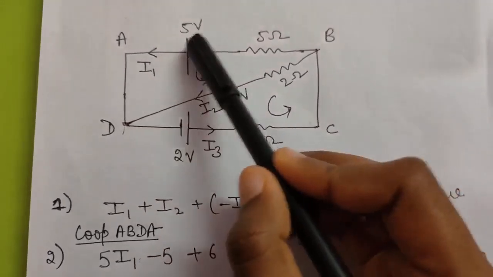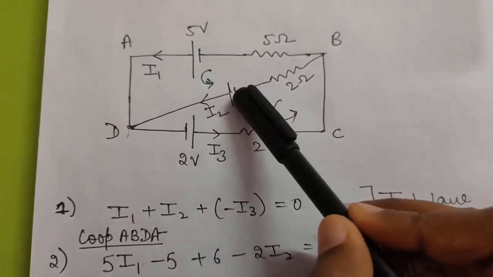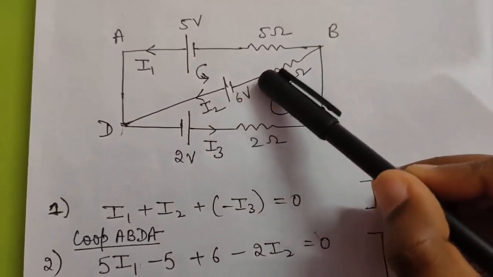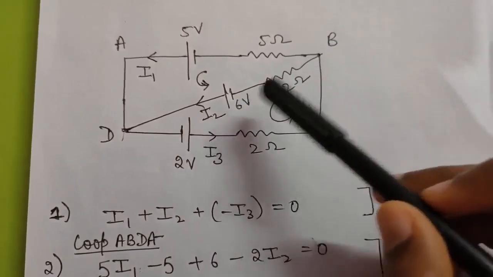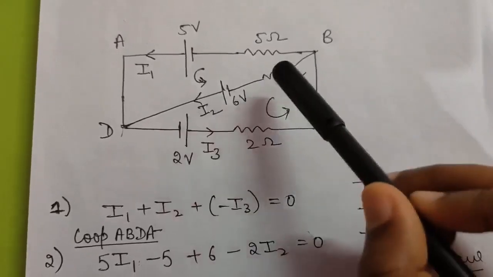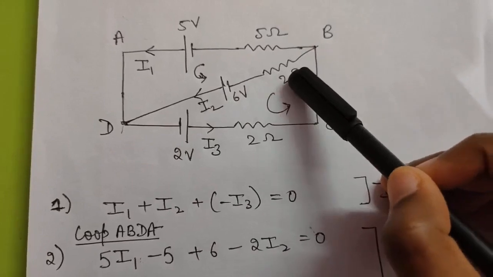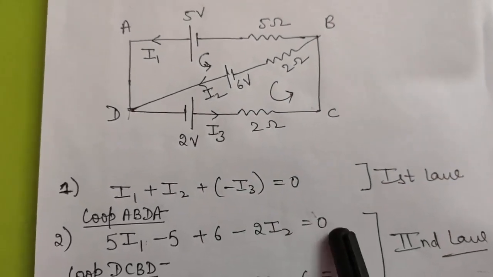Again we'll go like this. Now the positive terminal is coming first, so +6. Now look here carefully. I am going from D to B and current is flowing from B to D. That means I am going in the opposite direction of current, so I'll be taking it negative. That is -2I2, equals 0.